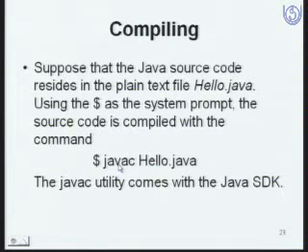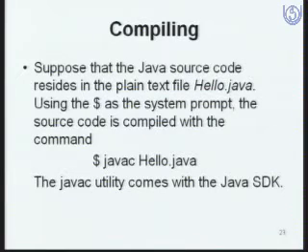Suppose that the Java source code resides in the plain text file called hello.java. Using the $ sign as the system prompt, the source code is compiled with the command.